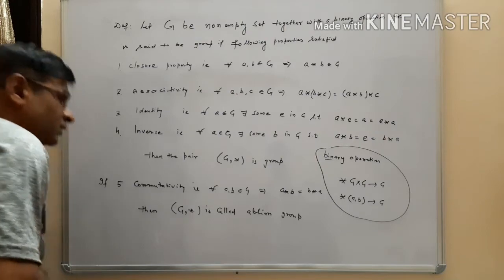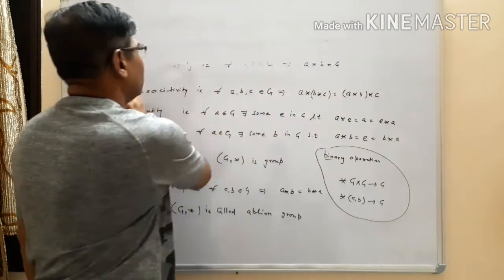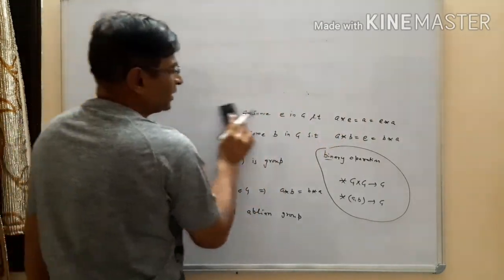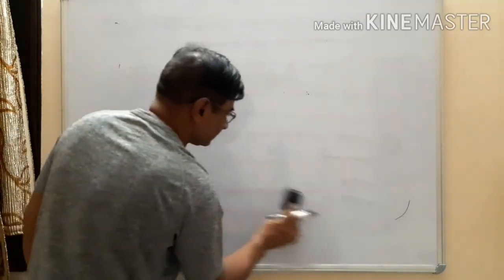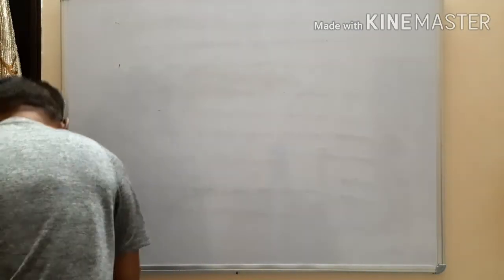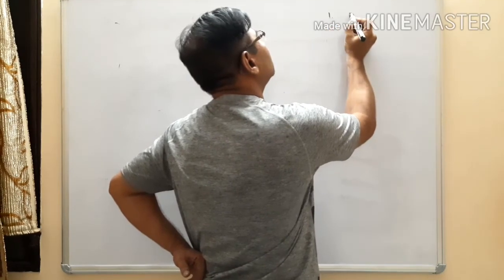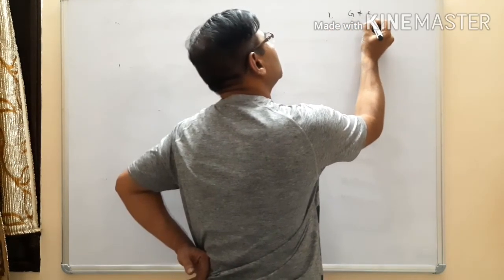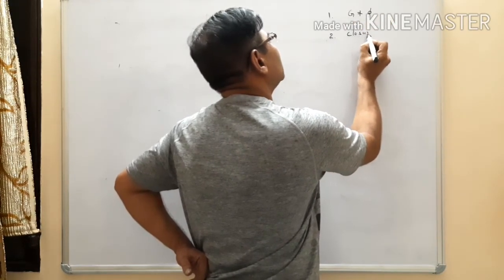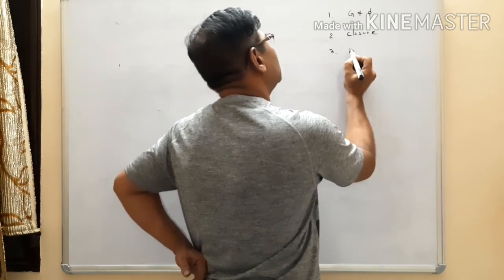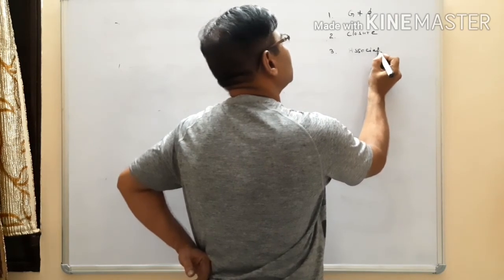Now we see the example. So first we need to memorize the 5 things. What are these 5 things? One is G is non-empty. 2 is closure property. 3 is associative.